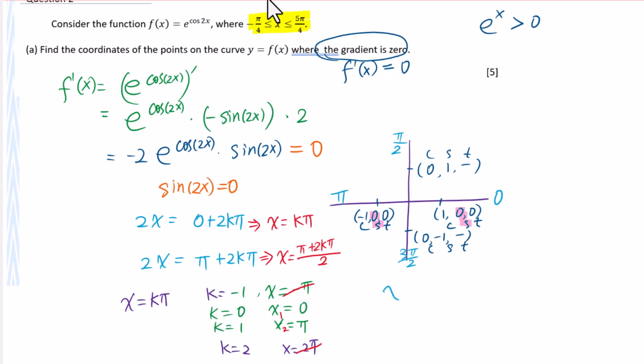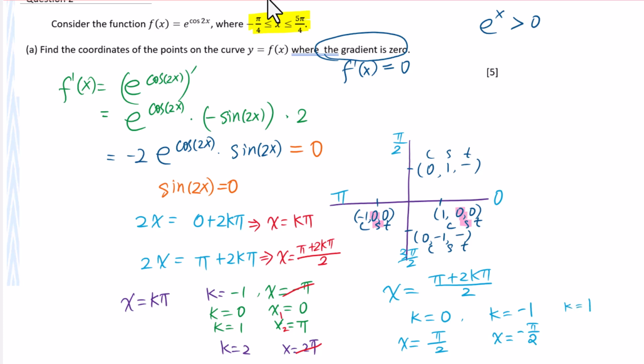Now from x equals pi plus 2k pi over 2, k equals 0. We got x equals, substitute a 0 for k, we got pi over 2. Then k equals negative 1, x equals negative pi over 2.